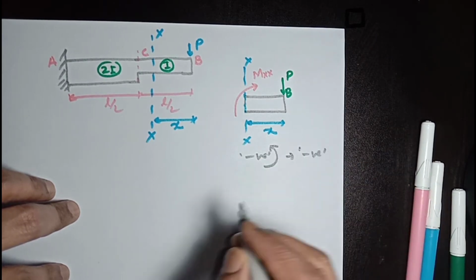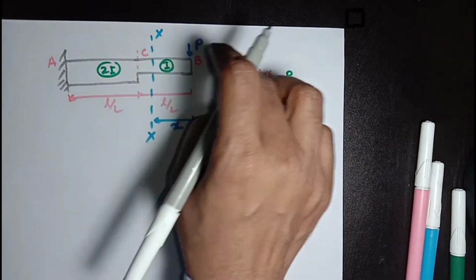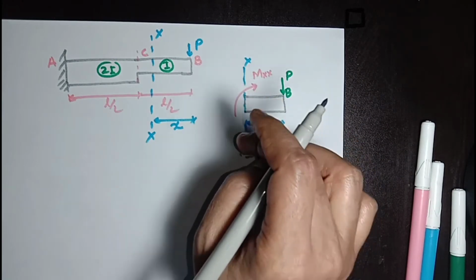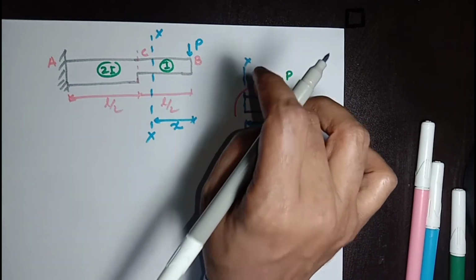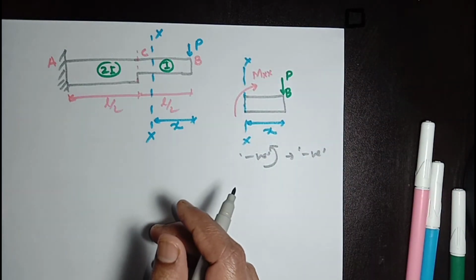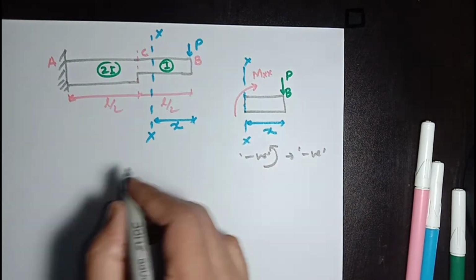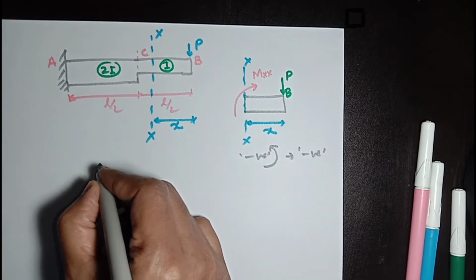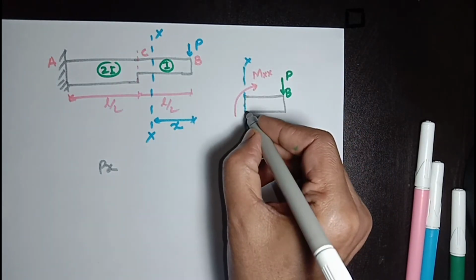This point load is creating a clockwise moment, and Mxx is creating a clockwise moment. So P into x, Px, as it is creating a clockwise moment about this point.